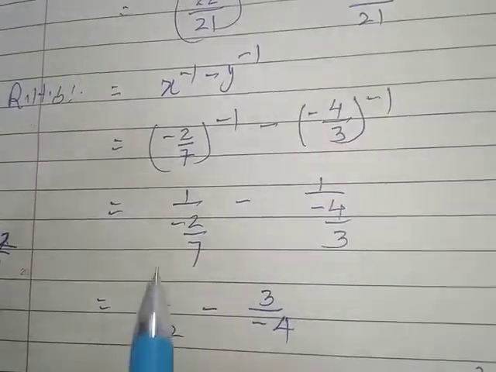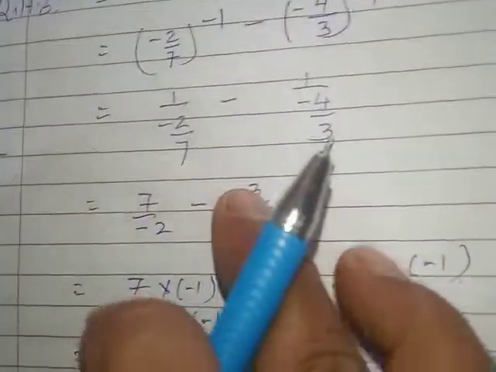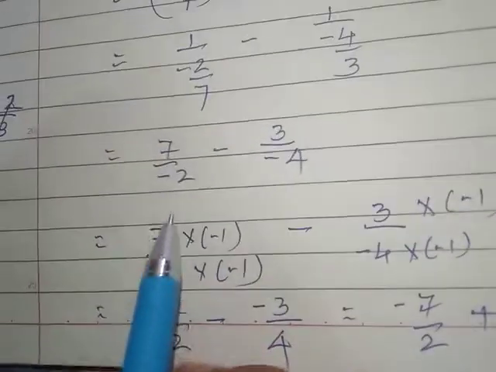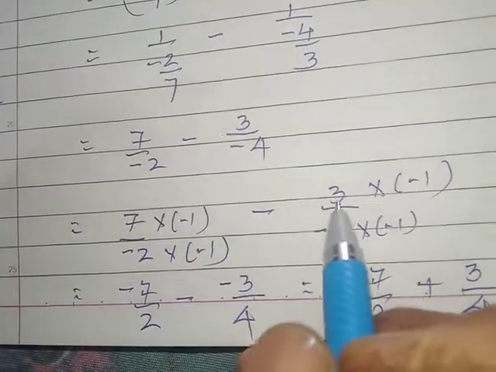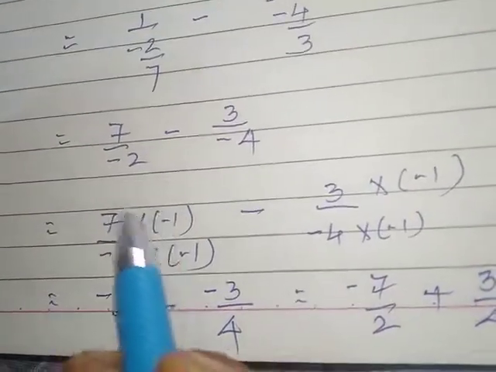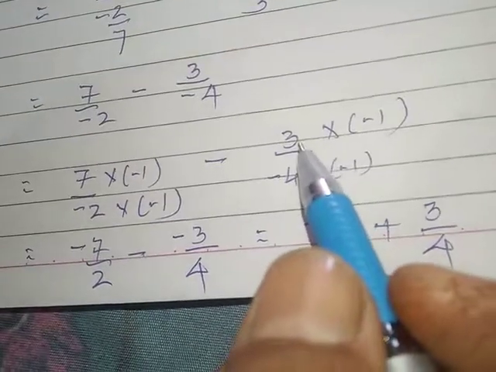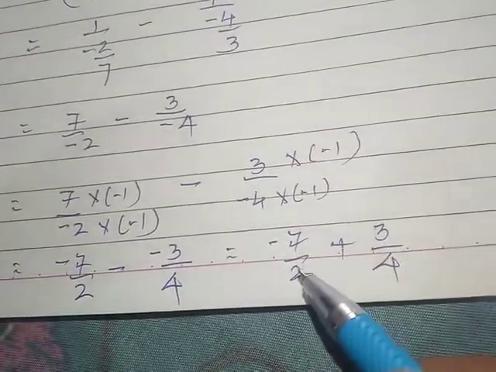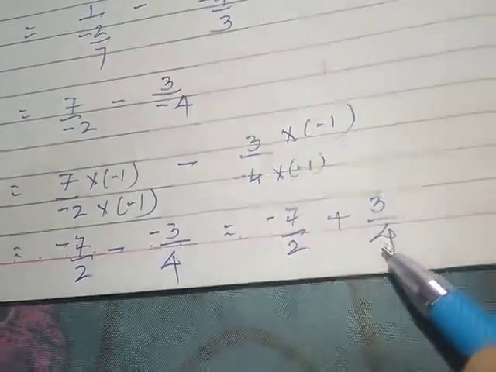So this will give you 7 by minus 2 and minus 3 by minus 4, the reciprocals. We convert it into standard form. Similarly, 7 into minus 1 by minus 2 into minus 1, and minus 3 into minus 1 by minus 4 into minus 1. This will give you minus 7 by 2, and minus 3 by minus 4 becomes minus minus, which multiply to give plus 3 by 4.